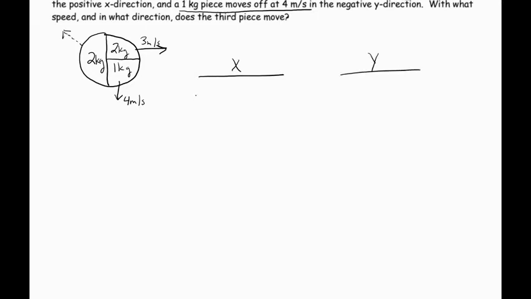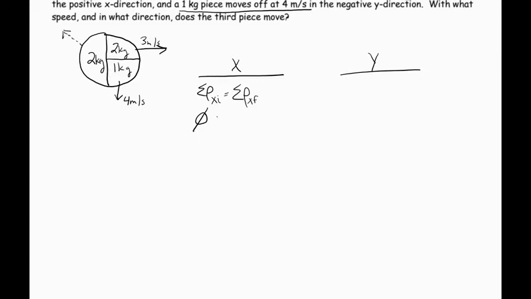It's important for us to realize that the sum of the momentum in the X direction initial is equal to the sum of the momentum in the X direction final. So what is our momentum in the beginning? Well, our momentum in the X direction is going to be 0 because it's sitting still and this is an explosion. And in explosions, your initial momentum is going to be 0.